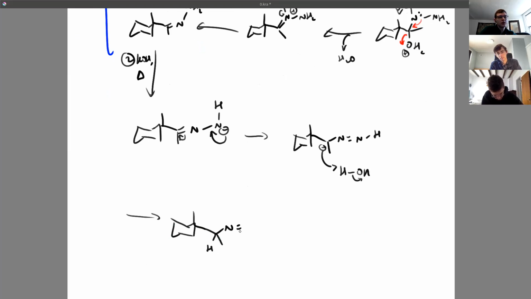Which gets you here. And you get that carbon-hydrogen bond now, which is really like a nice bond. That one you're certainly not going to pull off with potassium hydroxide. So this is like here to stay.